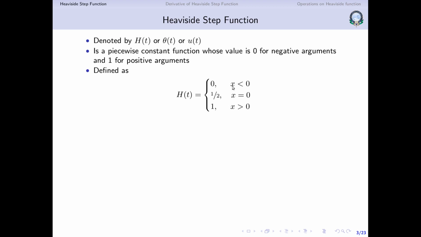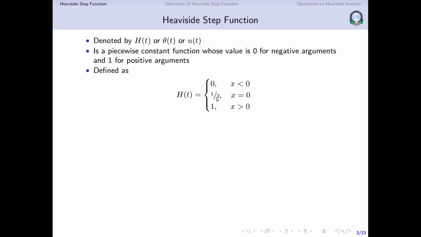So for t less than 0, the Heaviside step function takes the value 0. For t greater than 0, that is positive values of t, it takes the value 1. Then what is the value at t equal to 0? We can take this as half. In fact this is the definition that I just picked up from Wolfram MathWorld. The reference is there at the end.